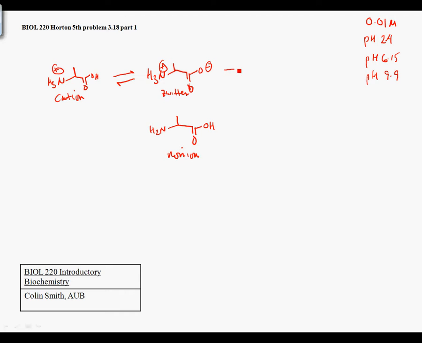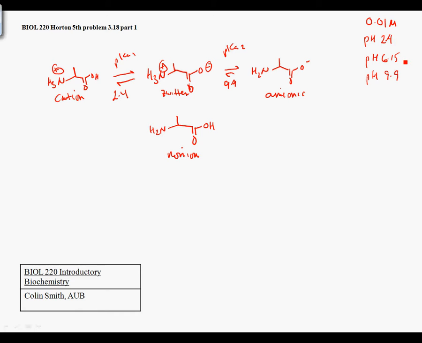And at a higher pH, the amino group will be deprotonated, and we will have then an anionic form. This is pKa1, and it's 2.4, and this is pKa2, and it is 9.9.